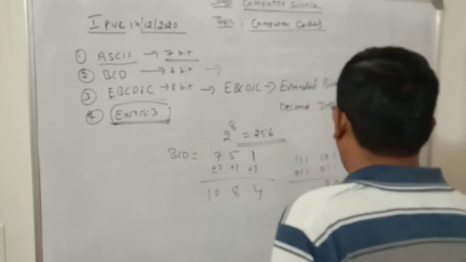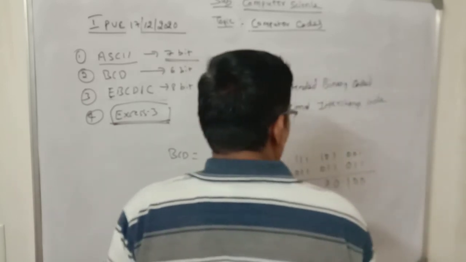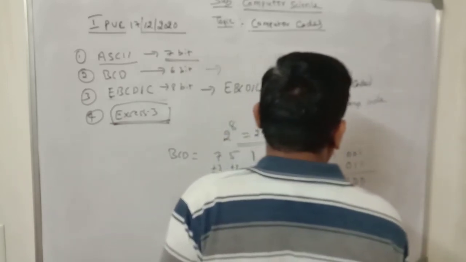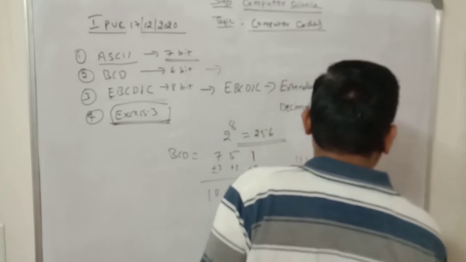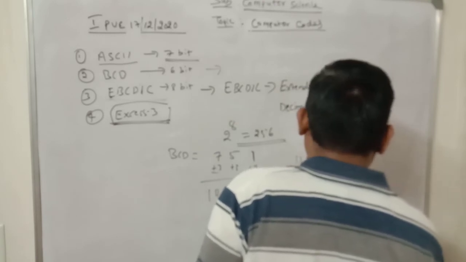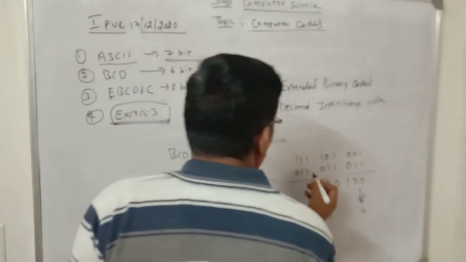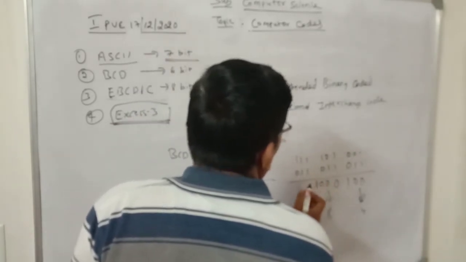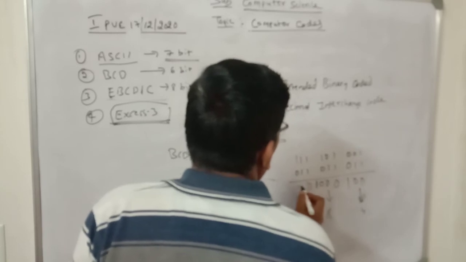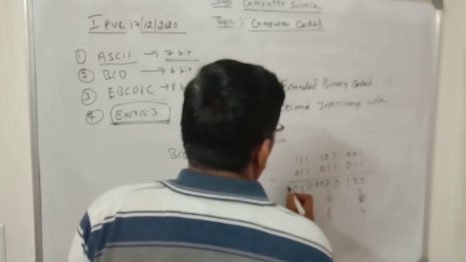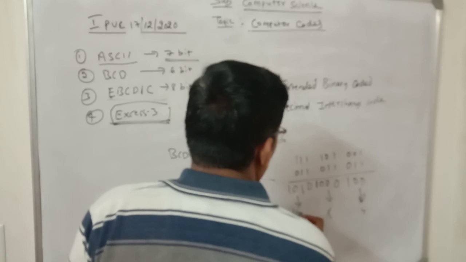For 8, this is 8 and this is 4, and here you will get 10. 1 plus 1 is 0, carry 1. 1 plus 1 is 0, carry 1. 1 plus 1 is 0, 1 0. This is 10.